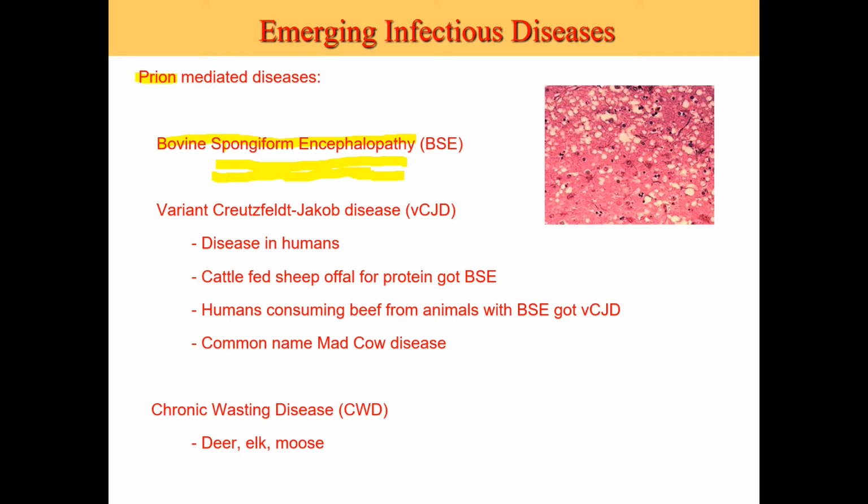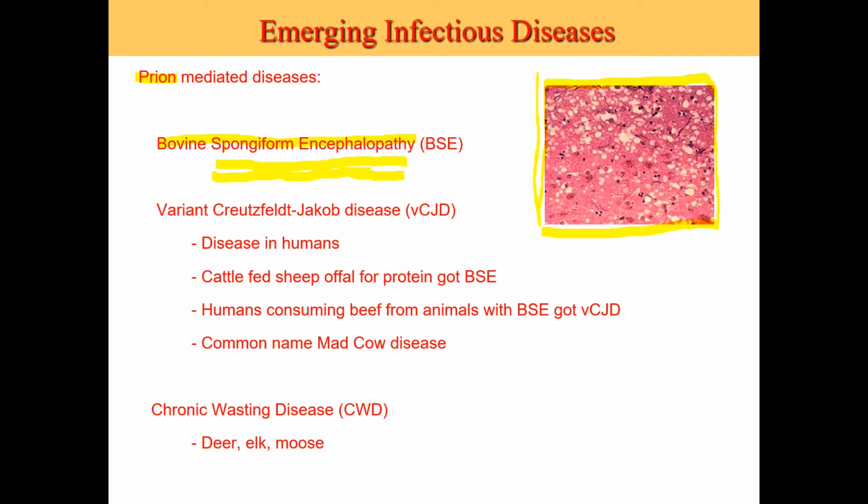And this actually is a photomicrograph, a microscopic photograph of neural brain tissue showing the sponge-like appearance. Eventually, the tissue becomes full of small holes, just like a sponge.